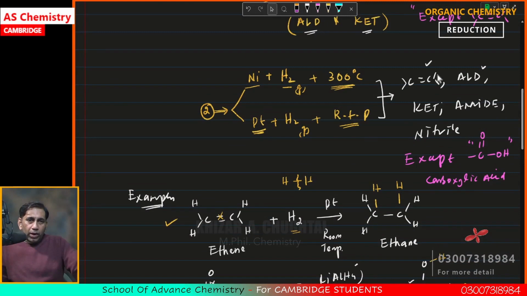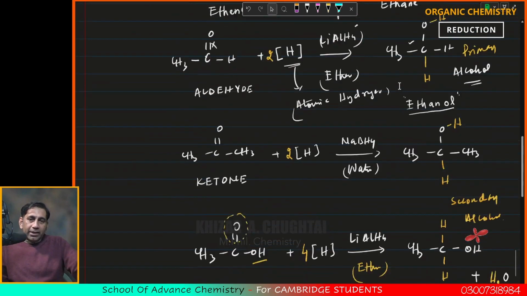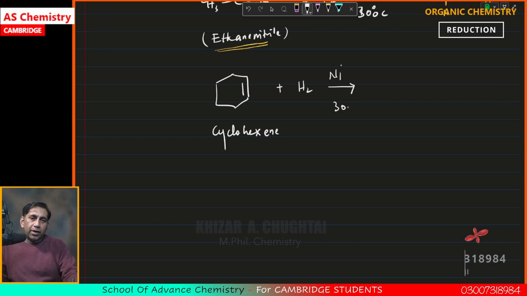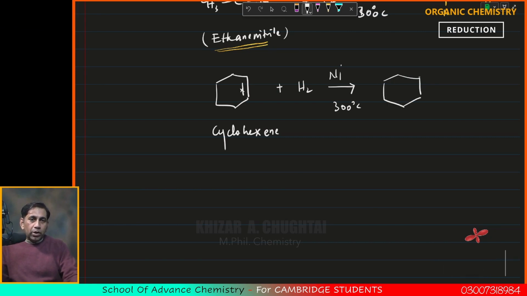Definitely, this is an alkene. So I will write H2 over here. I will use nickel, 300 degrees Celsius, and this bond will be broken, and all carbon-carbon bonds will be single bonds.